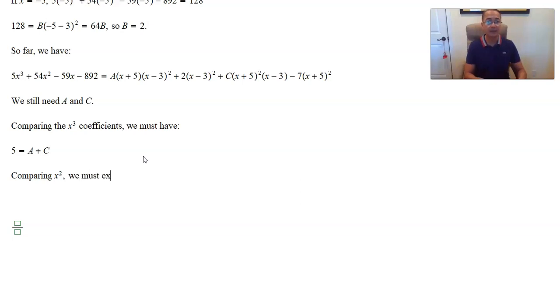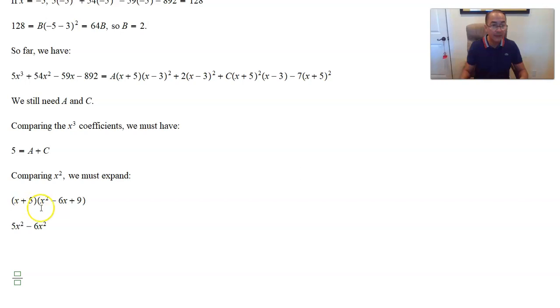We must expand. So we know how to do this. I'm going to write that here, but x minus 3 squared is x squared minus 6x plus 9. So you see what I'm doing, okay? All I need is the x squared term. So the x squared term is 5x squared minus 6x squared.